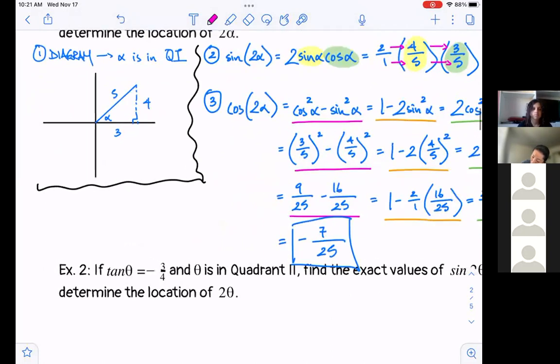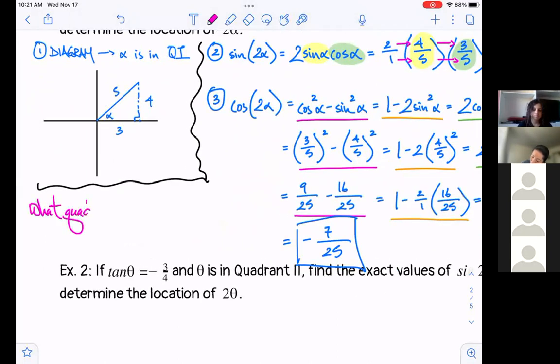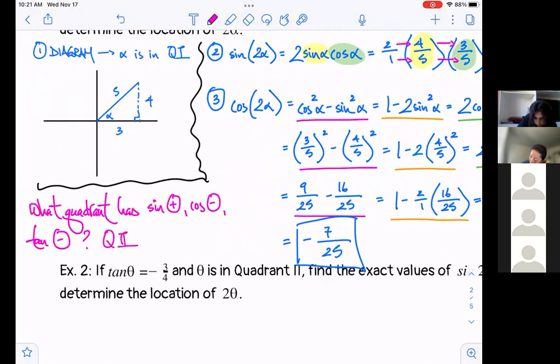What quadrant has sine being positive, cosine being negative, and tangent being negative? Quadrant 2. Yeah, quadrant 2. All right, so what we know then is that 2 alpha is in quadrant 2.